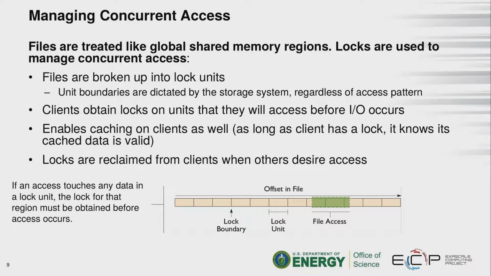There are fcntl locks where you can get explicit locks as an application, but that's not what I'm talking about. I'm talking about operating system level implicit locking done to make sure that no two processes step on the same block. This is an artifact of the POSIX consistency semantics, which say if two processes write to the same region, the last writer has to win. And so we have to know who's going to write when and coordinate that.